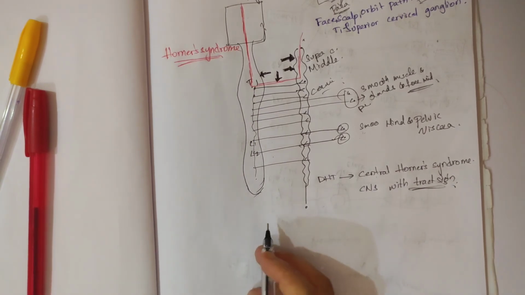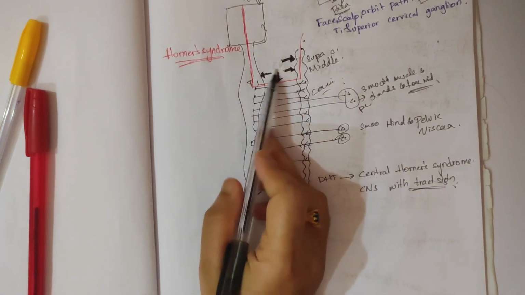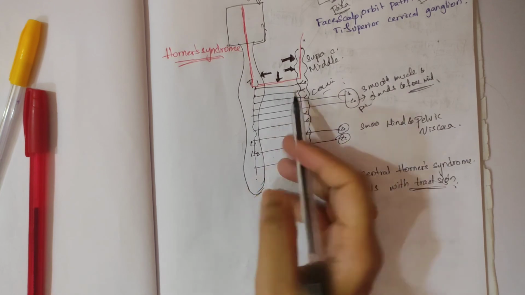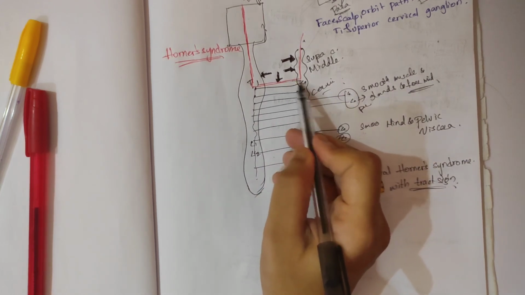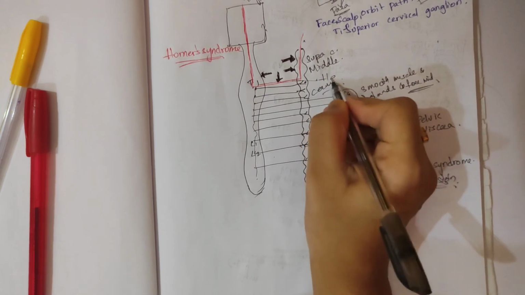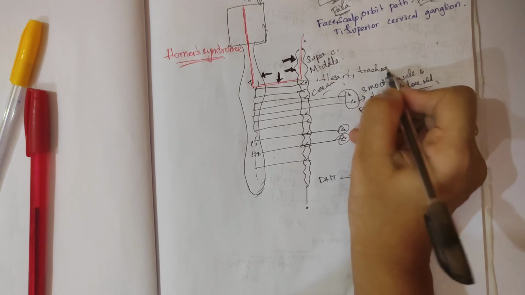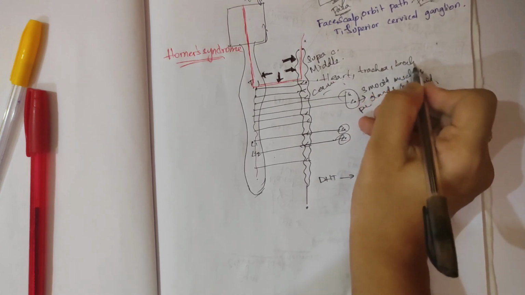So yeah, now if we have any lesion here, these obviously innervate the heart, trachea, bronchi and lungs.